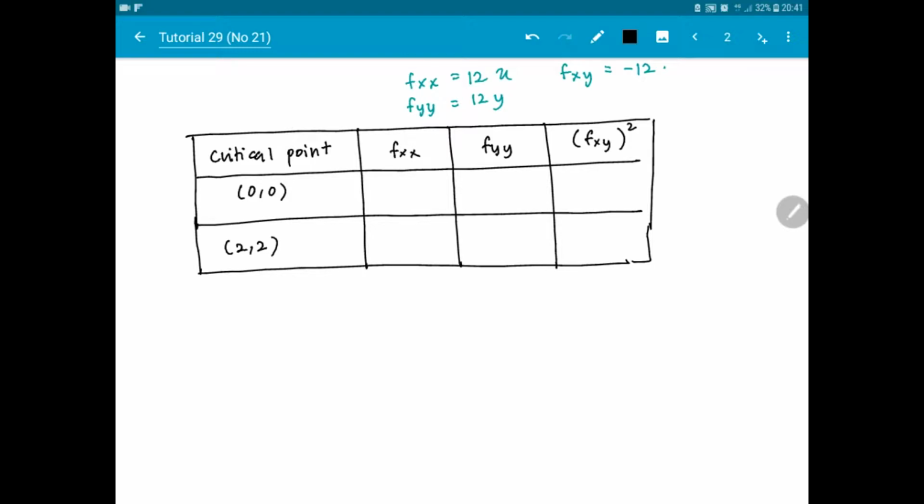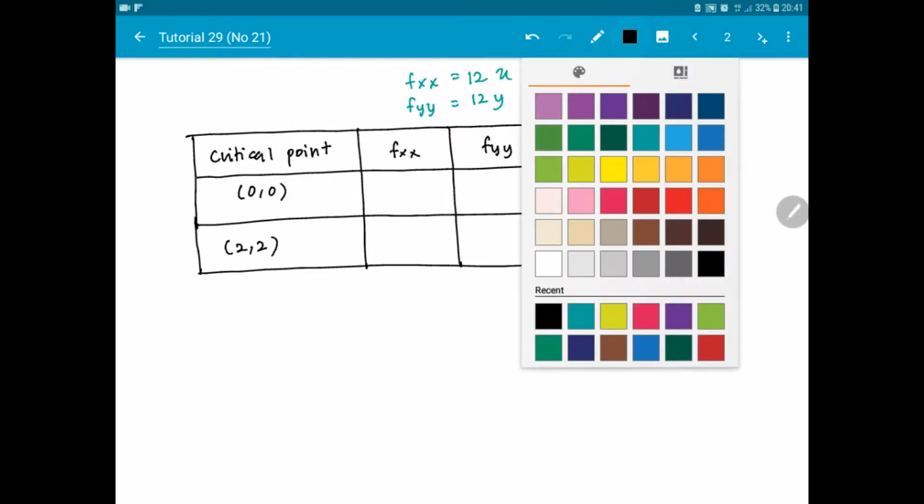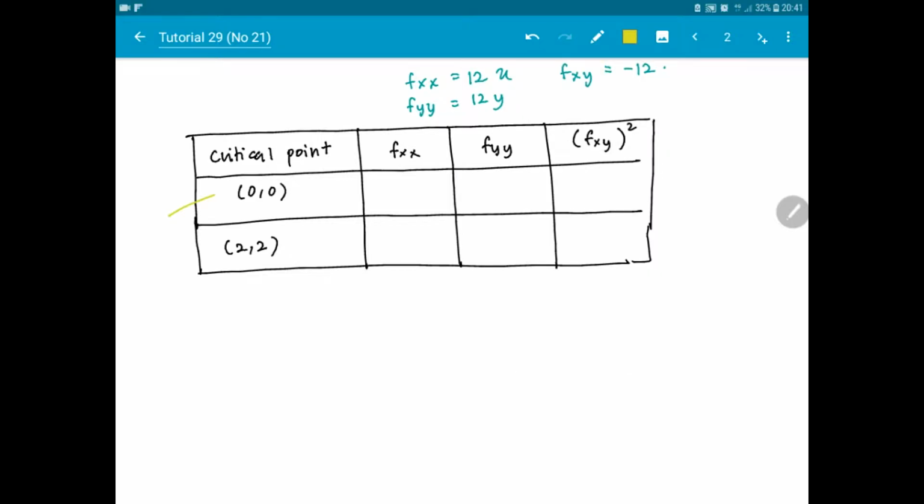Now we already know that the critical points are (0, 0) and (2, 2). Now we want to determine whether these critical points are a maximum point, minimum point, or saddle point.